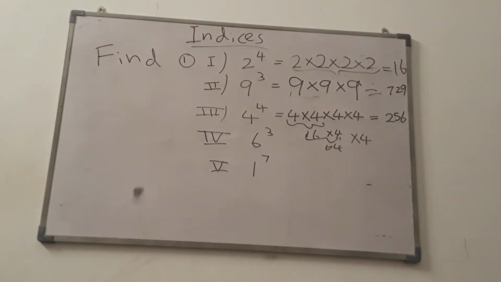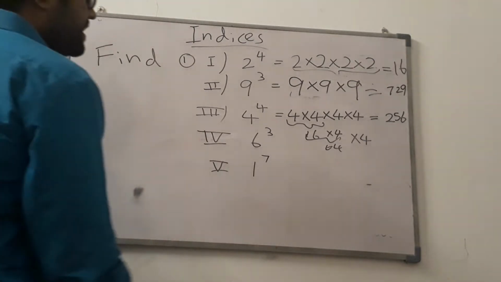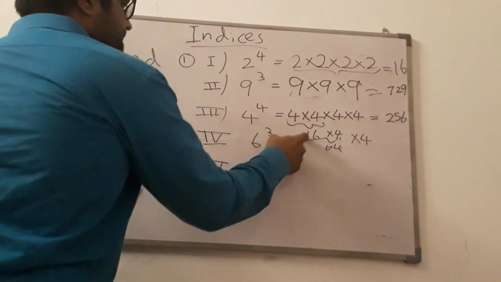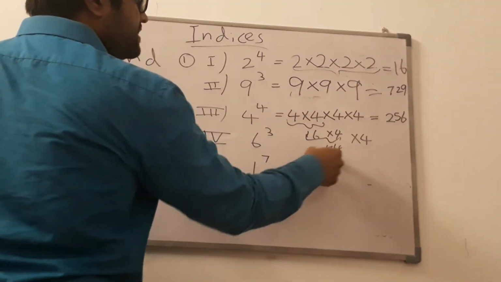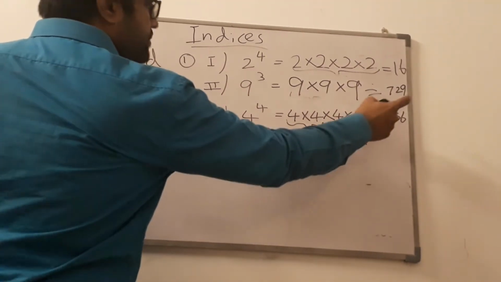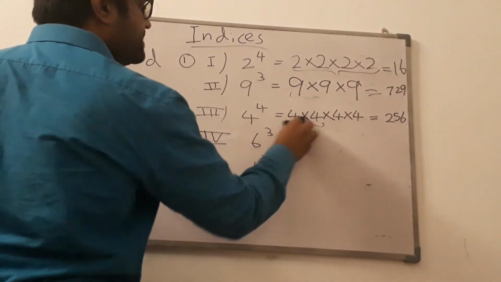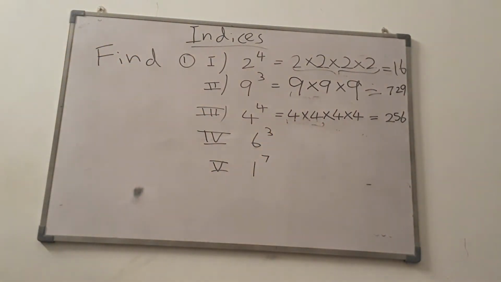So 4 to the power 4 means 256. Check: 4 times 4 is 16, 16 times 4 is 64, 64 times 4 means 256. That is the answer.